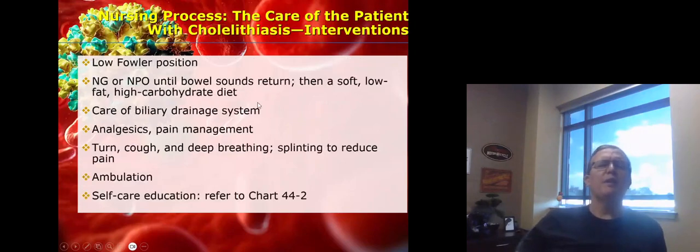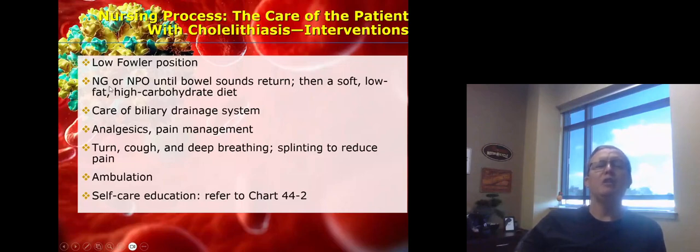As far as positioning goes, typically have the patient in a low Fowler position, but their head of the bed can be higher if it's more comfortable for them. Maybe NPO until bowel sounds return, and then possibly even a liquid diet at the beginning, and then a soft, low-fat, high-carbohydrate diet, because those carbohydrates are going to be easier to metabolize.